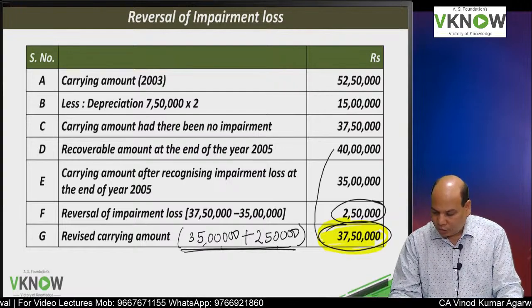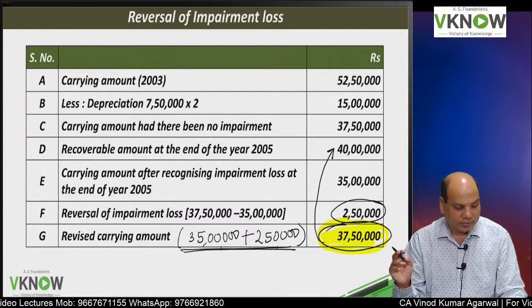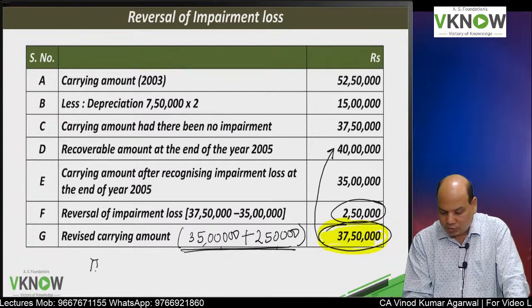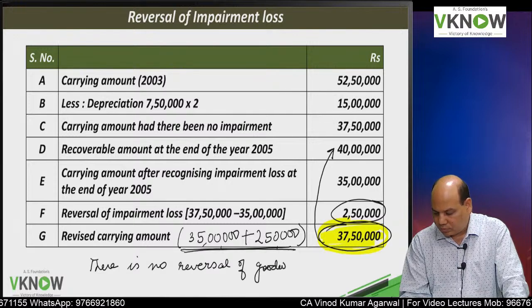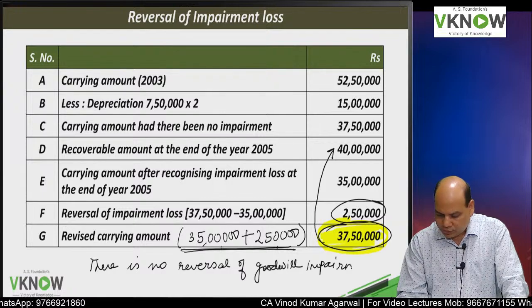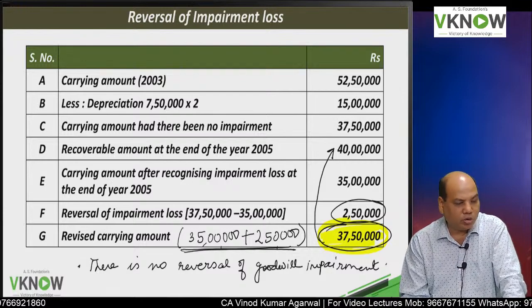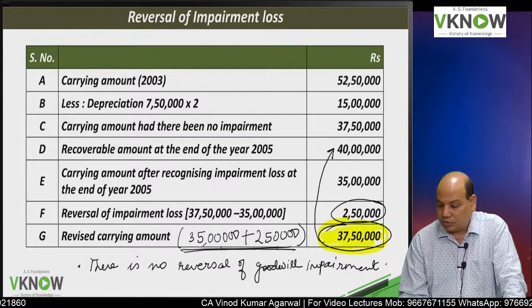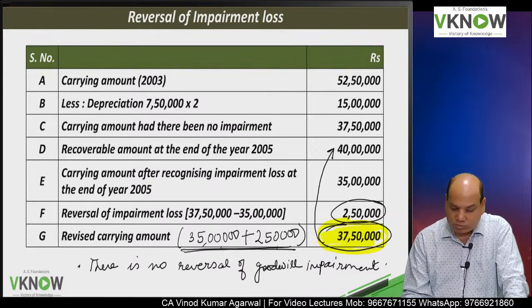If you want to revalue upward, you will have to go to Accounting Standard 10. Okay, and write down there is no reversal of goodwill impairment, because 5 years are already over. So therefore goodwill carrying amount after 5 years would have been 0.